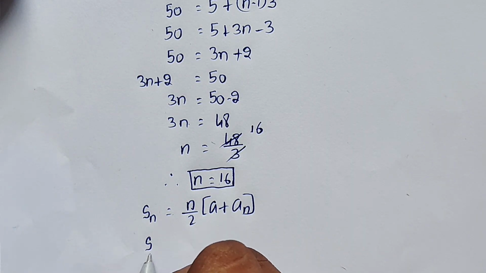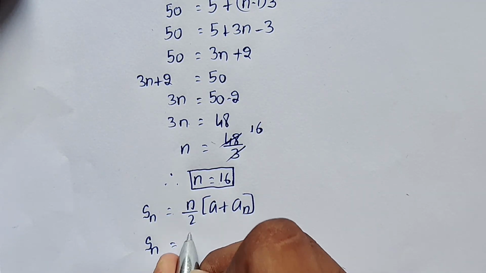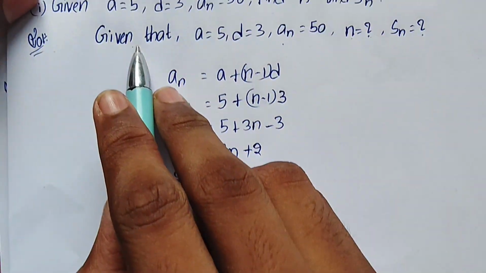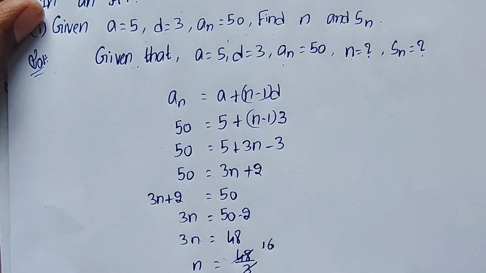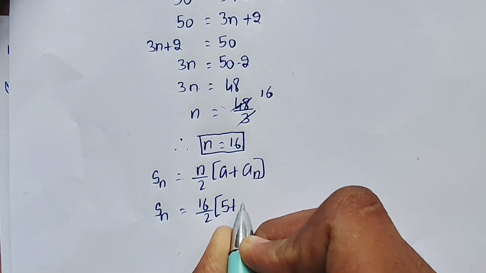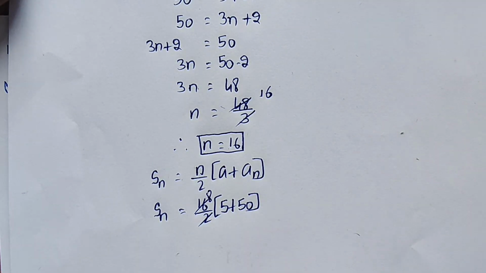I'm writing here S_n, the sum of n terms, is equal to the value of n, 16, divided by 2, into the value of a, which is 5, plus a_n, which is 50. So 5 plus 50. Here 2 ones are 2, 2 eights are 16.